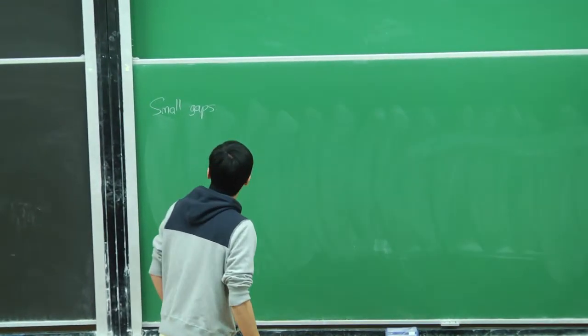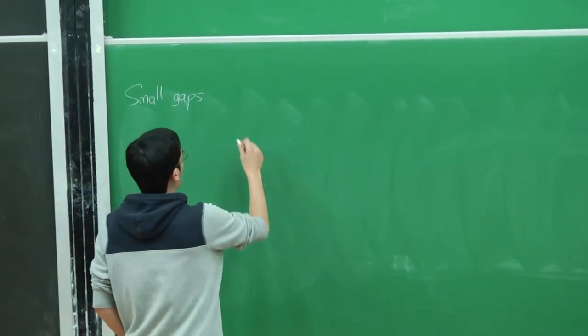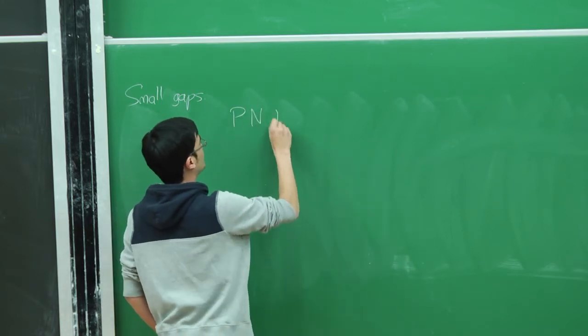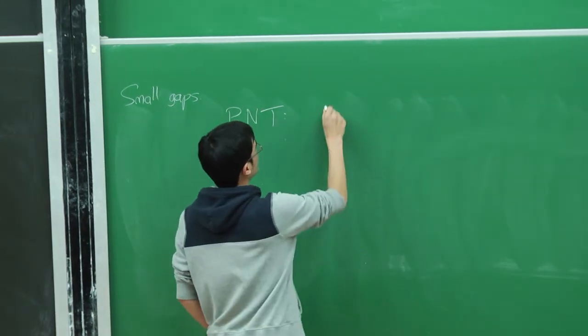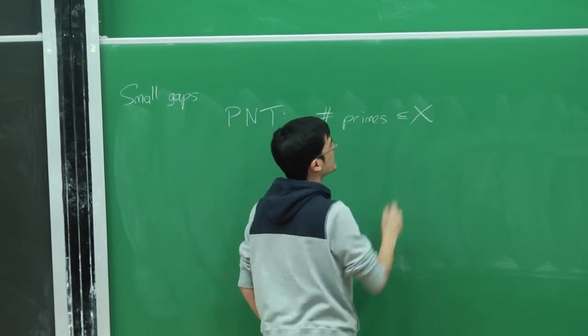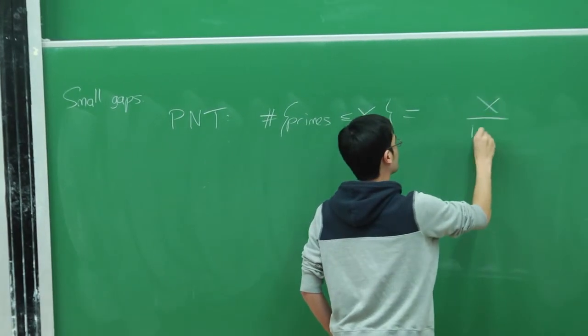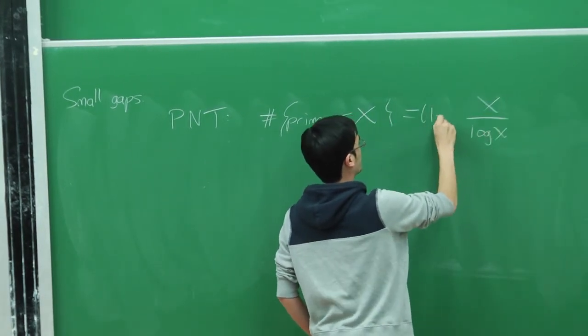So okay, we have the prime number theorem, which says that the number of primes less than some threshold x is basically x over log x times a little error.